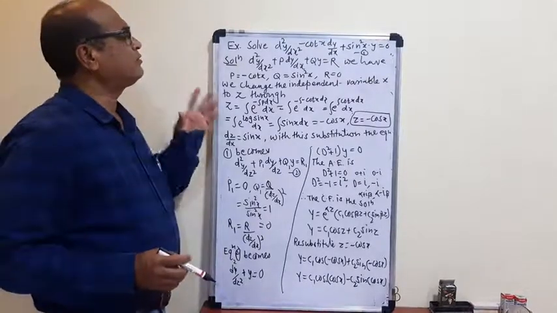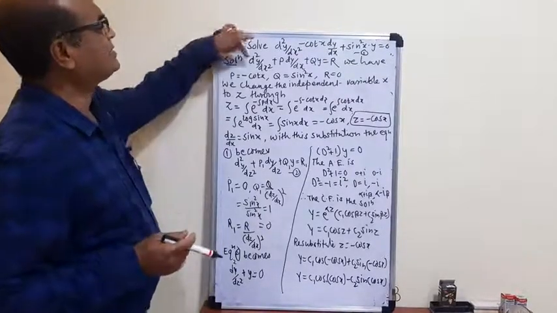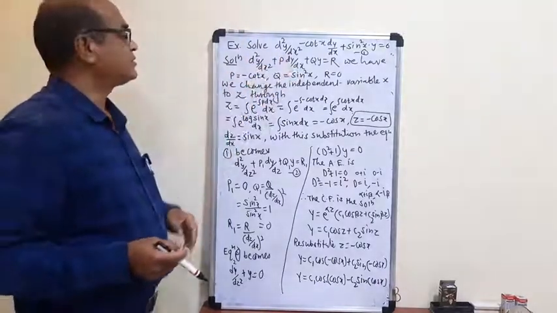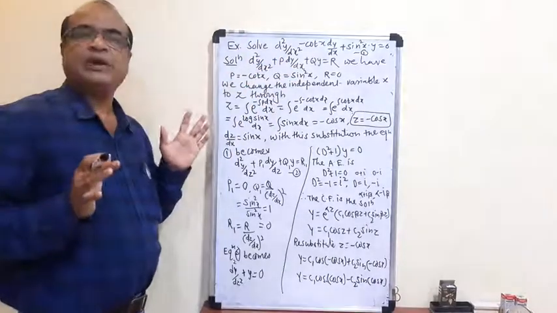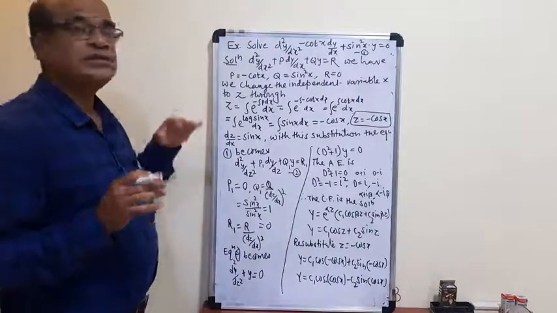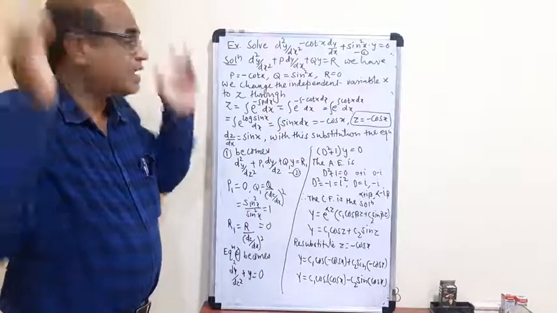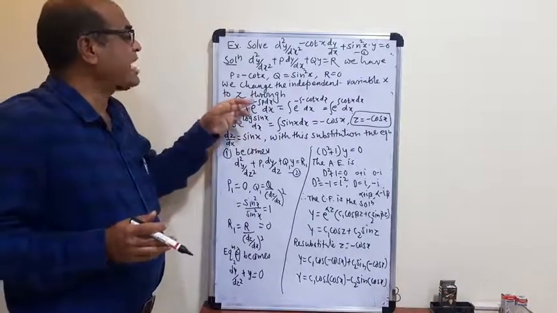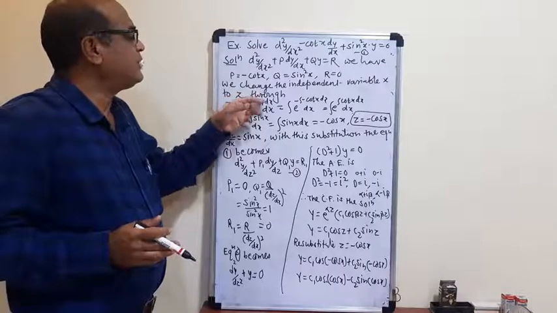So what we have to do here is compare this equation with the standard one, then we get P, Q, R. We change the independent variable x to z through the substitution z is equal to f of x. What is f of x? Z is equal to the integration of e raised to minus integration of p dx.